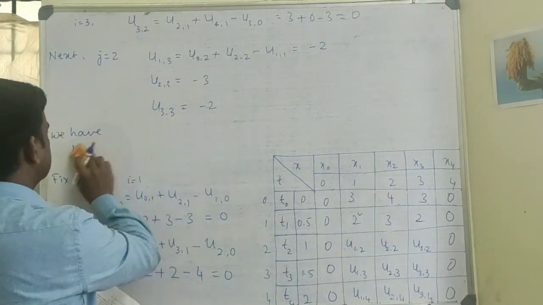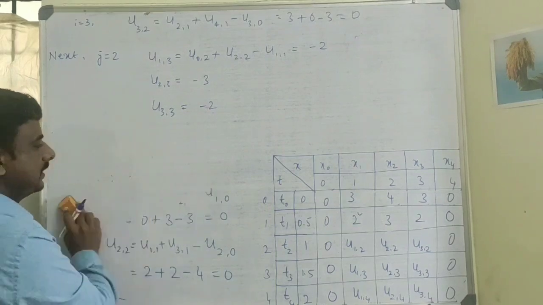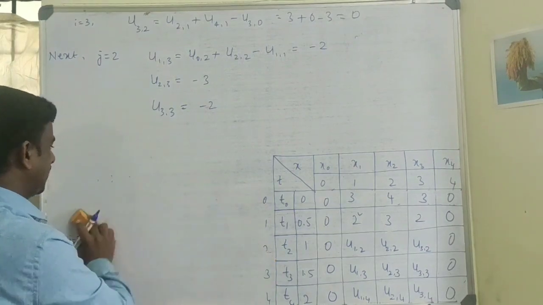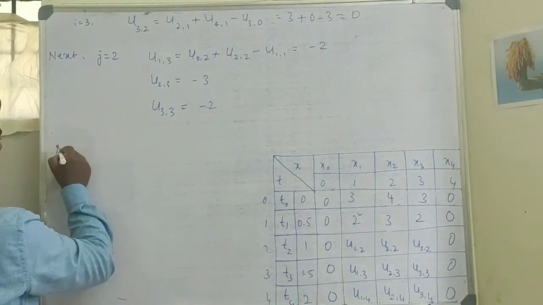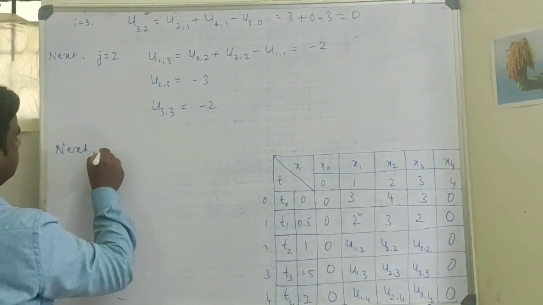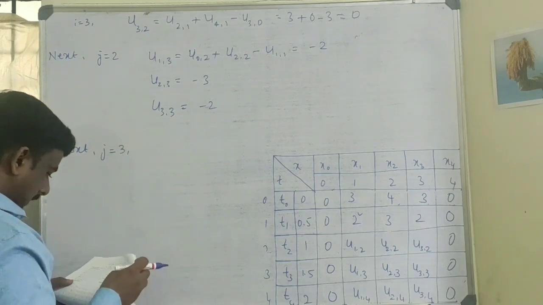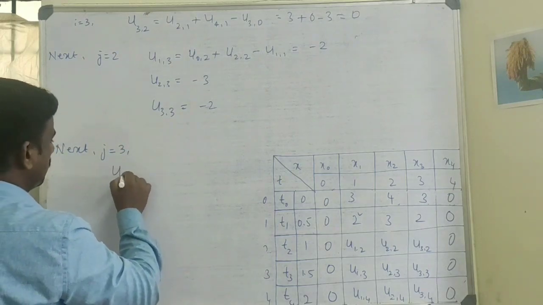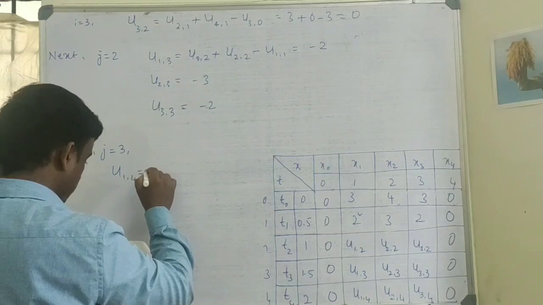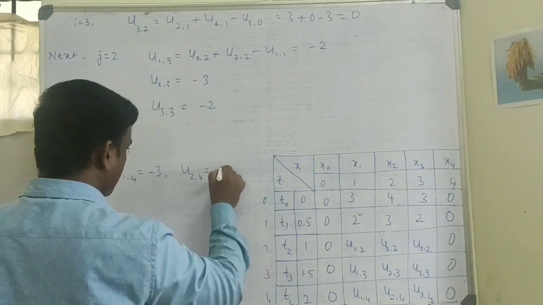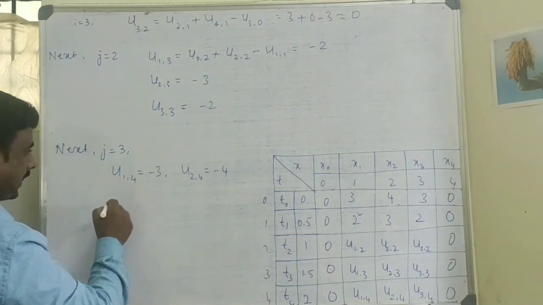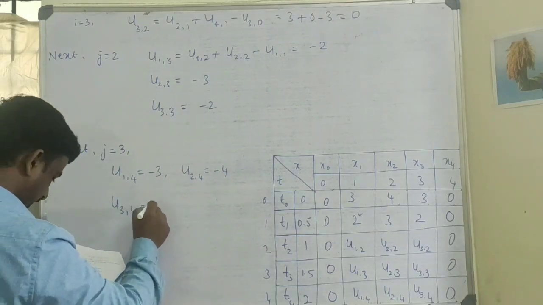To write the last row, I have to set j equal to 3. Setting j equal to 3 and writing the values, we get u(1,4) equal to minus 3, u(2,4) equal to minus 4, and u(3,4) equal to minus 3.